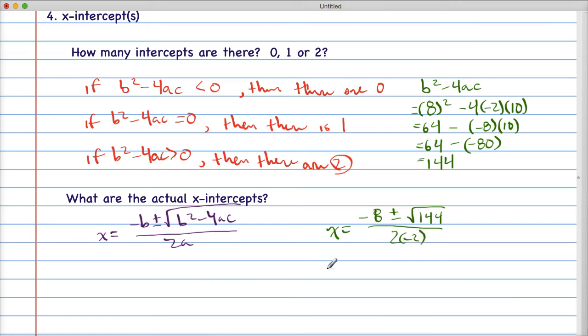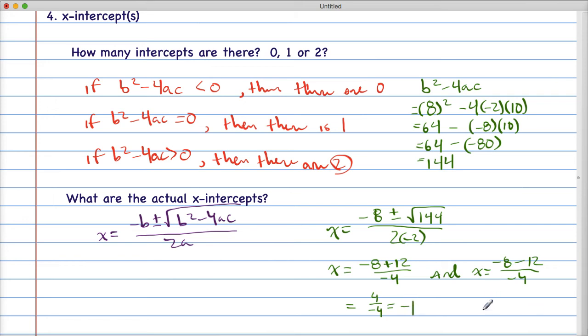All right, so I evaluate this. You can split this apart in this step because you have -8 plus the square root of 144, which is 12, over 2 times -2, which is -4. And you have x equals, the x-intercept equals -8 minus 12 over -4, right? So I split apart the plus and minus. And last step here, -8 plus 12 is going to be 4 over -4, which evaluates to be -1.